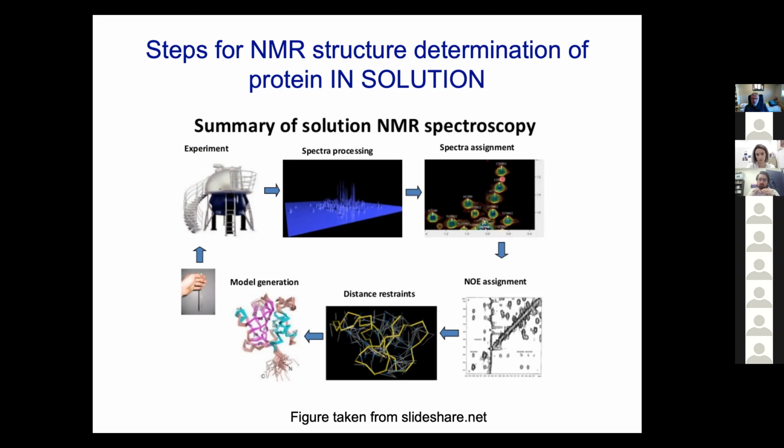Once we have labels on all these peaks to say, oh, this peak is that particular proton in the protein, we can start to measure the distances between all these different hydrogens. Those are these NOEs. Once we have all these NOEs, we can use them as distance restraints to calculate the NMR structure. This is the typical NMR structure as an overlay of the 20 lowest energy structures.